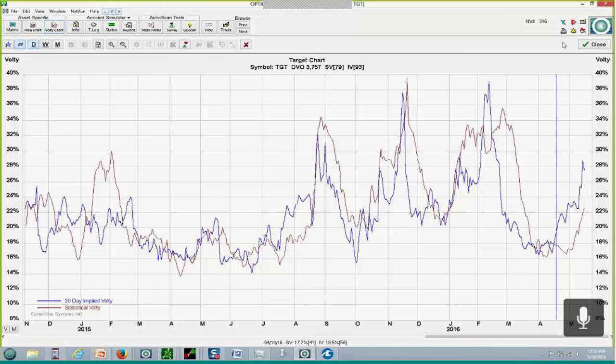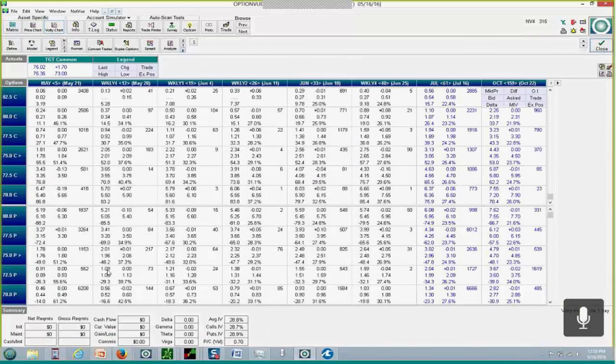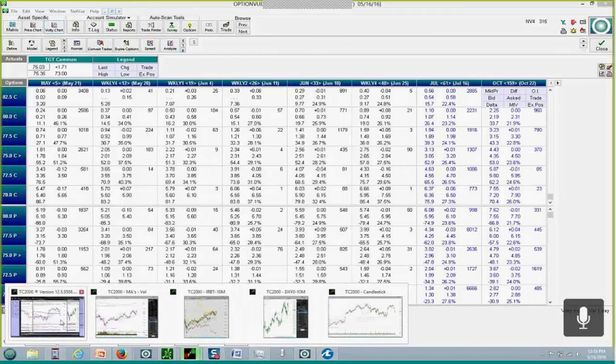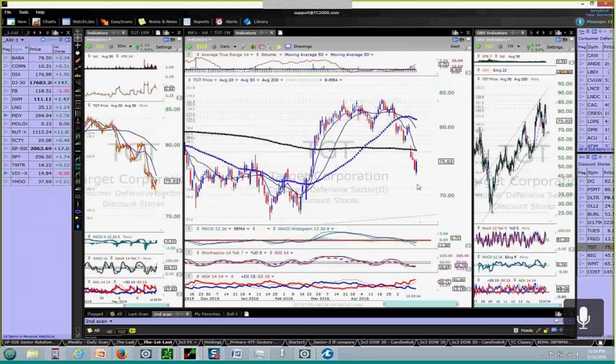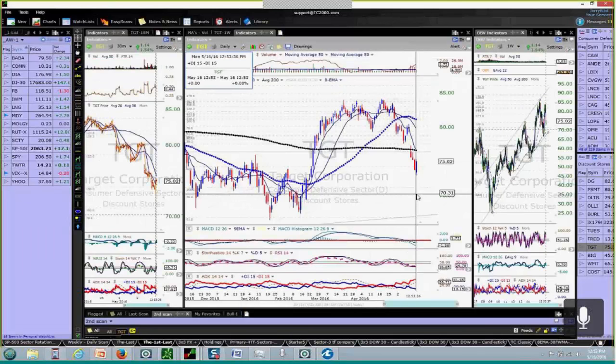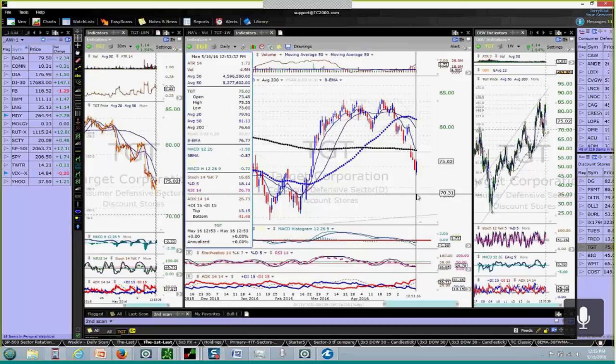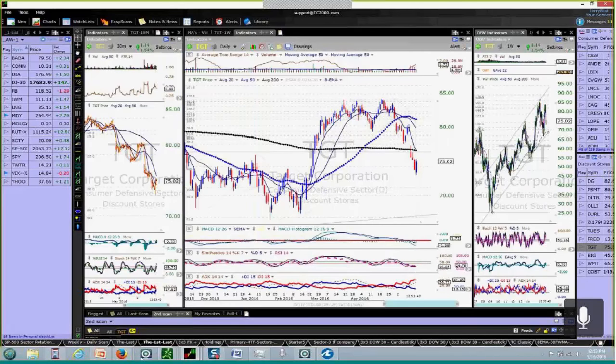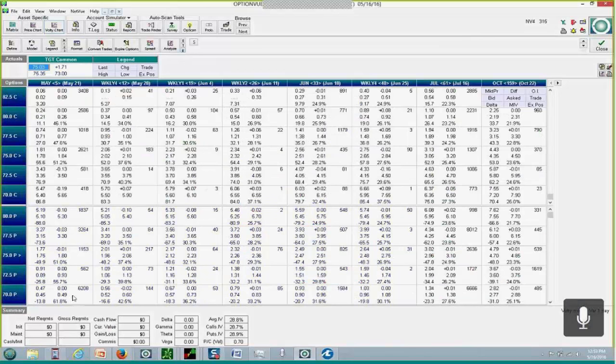Now, if we're trading at 75, they're expecting about a 3-point drop, and my charts confirm that dropping down to 70 is probably not out of the question. It's probably a good point the price might gravitate to.